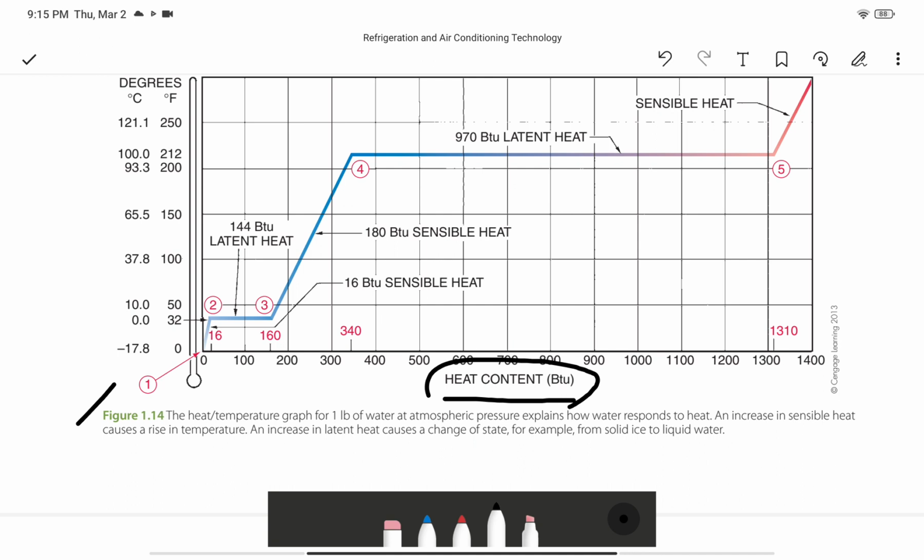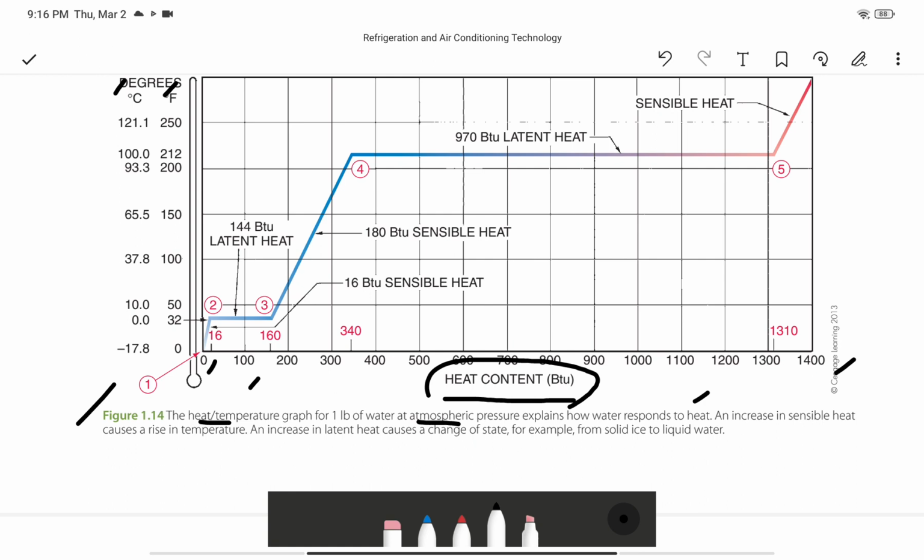That is 1 BTU. Here we have 0 BTU, 100 BTU, 200, and so on and so forth, to 1400. Here we have degrees Celsius and degrees Fahrenheit. So this is basically your temperature. And this heat temperature graph for 1 pound of water at atmospheric pressure explains how water responds to heat.